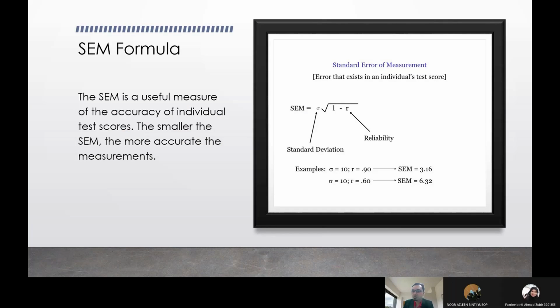So how to calculate the SEM? The SEM is a useful measure of the accuracy of individual test scores. The smaller the SEM, the more accurate the measurement.